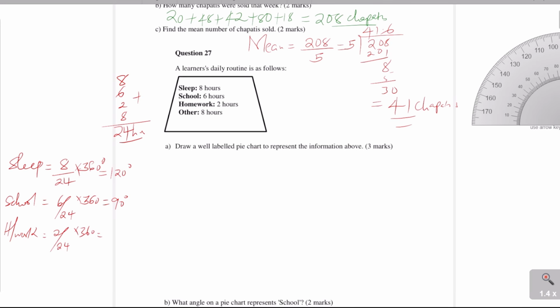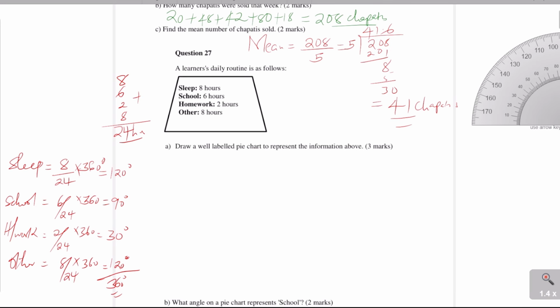So again, this one will give 30 degrees. And then other, we have 8 hours. So 8 over 24 times 360. We had calculated this one in sleep. It's the same, 120 degrees. So when you add all these angles, 120 plus 90, that is 210, 210 plus 30, 240, 240 plus 120, that should give 360.